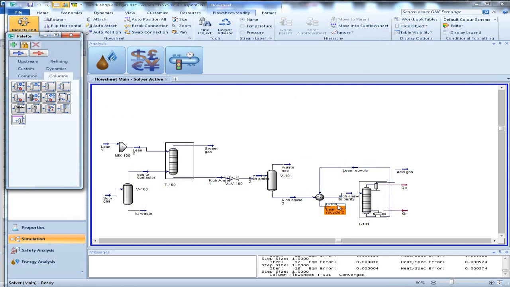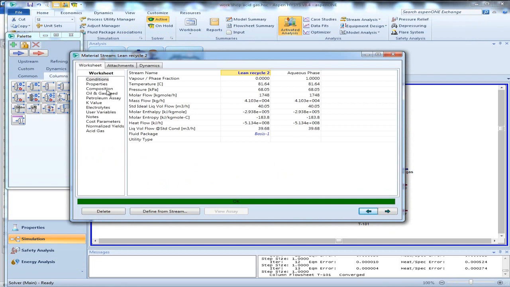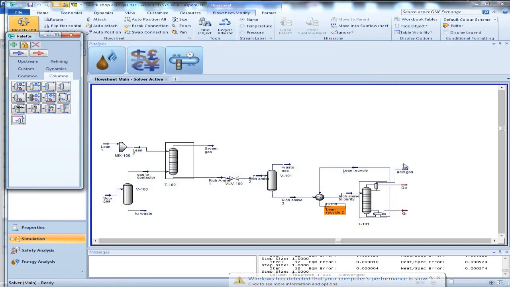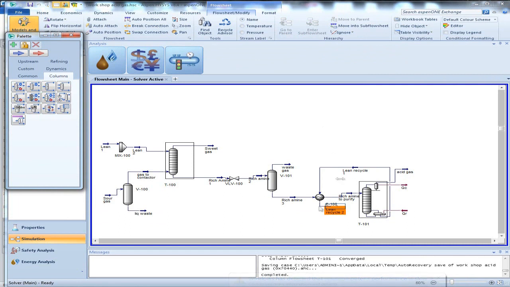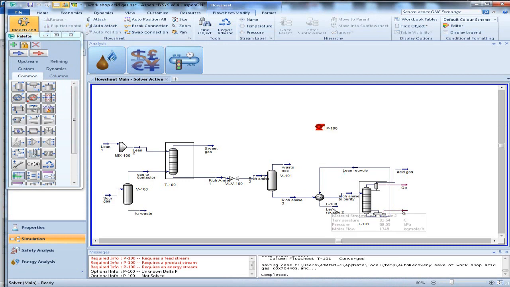So in case of makeup water that may be put somewhere here, we have to check that the composition here will be more concentrated in MEA. So what I mean is some water may go out at the acid gas, but not in this case. So what we do is to just pump it up using a pump to increase the pressure.